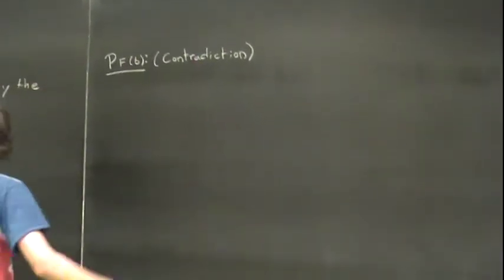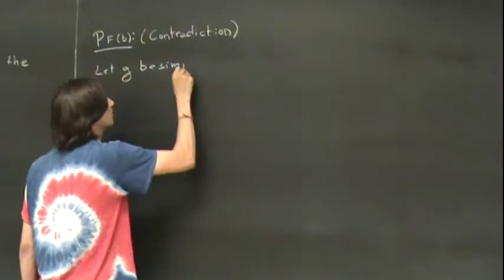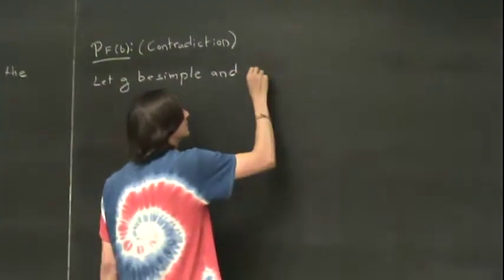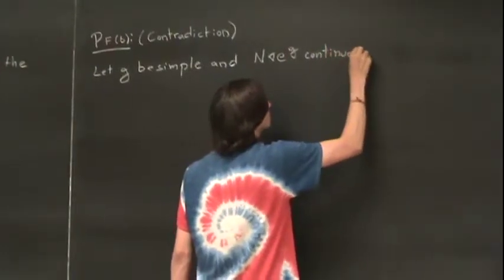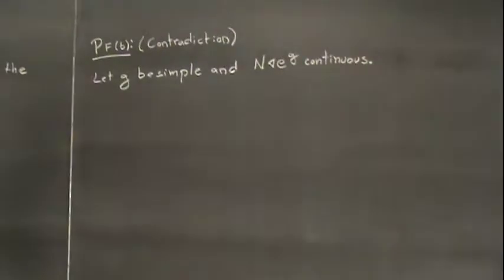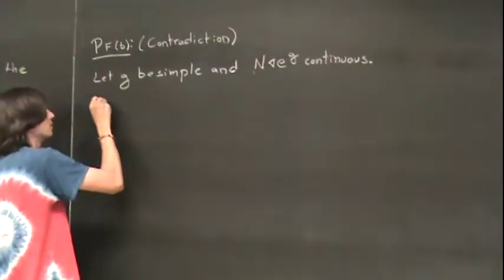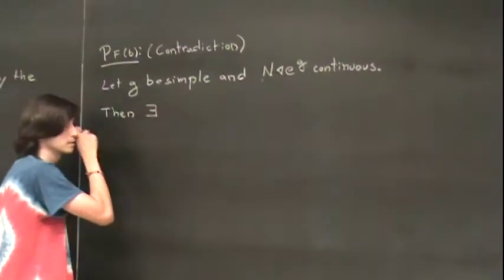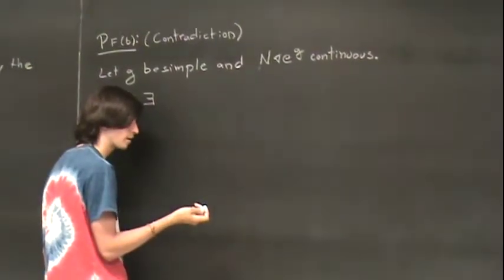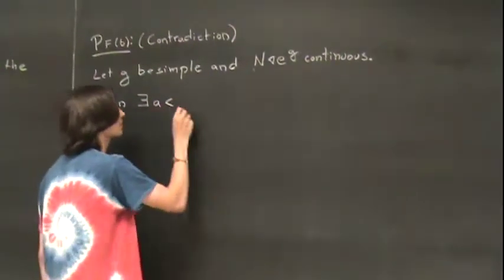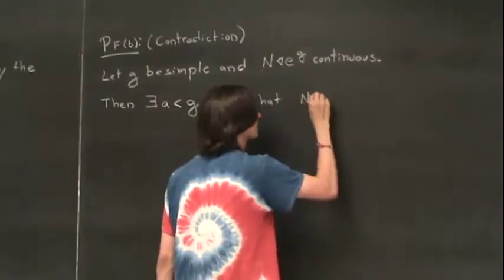The first thing that you always do in contradiction: let G be simple, and let N be a continuous normal subgroup of e to the G. Well, if N is a continuous normal subgroup, then there exists some subalgebra, which I will call little a, which is a subalgebra of G, such that N is equal to e to the a.